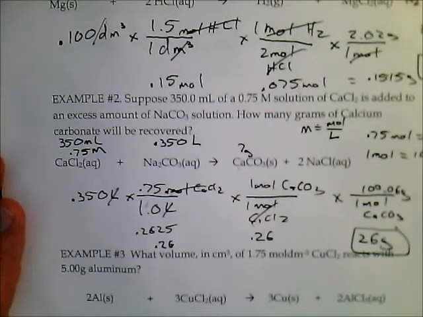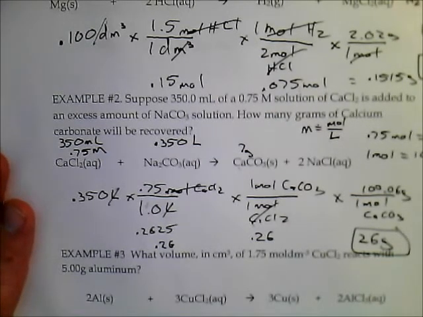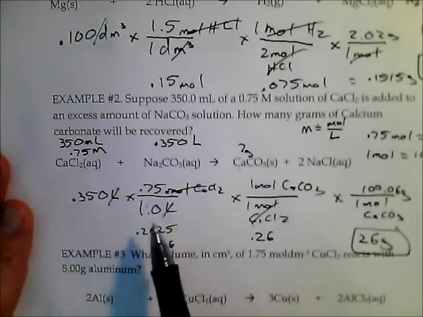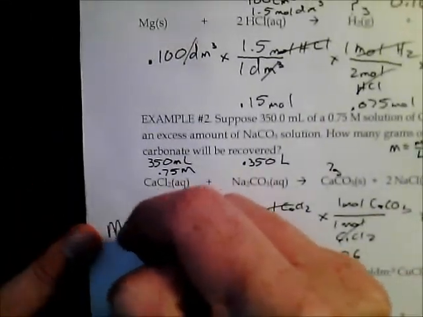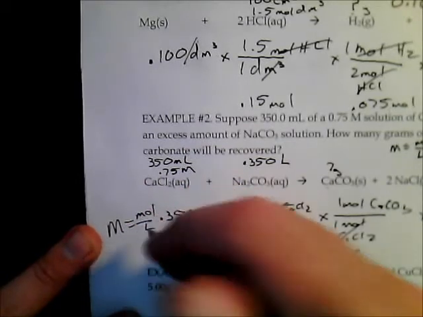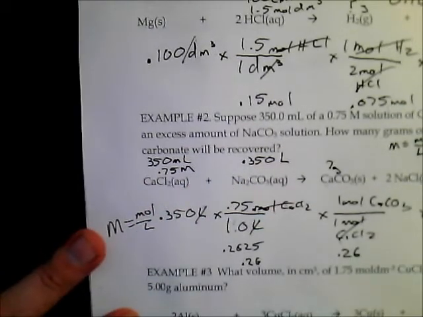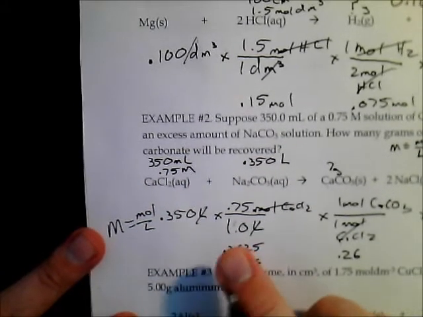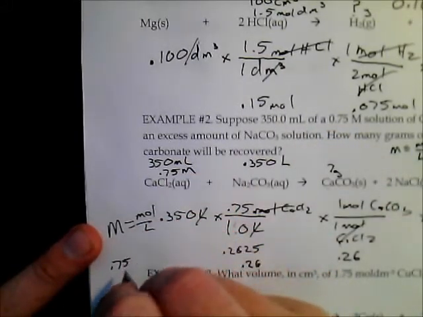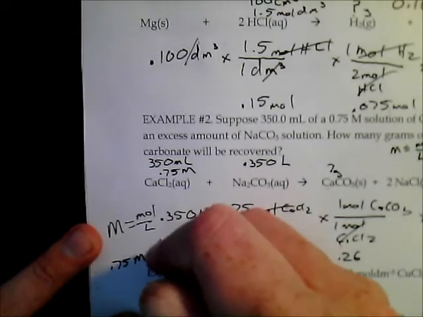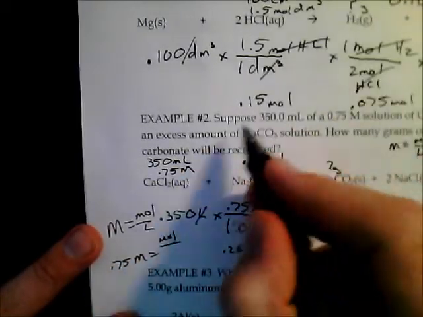Now, I mentioned an alternate way of solving this. The other way of solving this is sort of from an algebraic perspective. If the mole ratio thing just kind of screws you up, or you don't like that, you could use the molarity formula to find moles in this first step. In other words, get the information from the problem, 0.75, that's the molarity, and solve for moles.